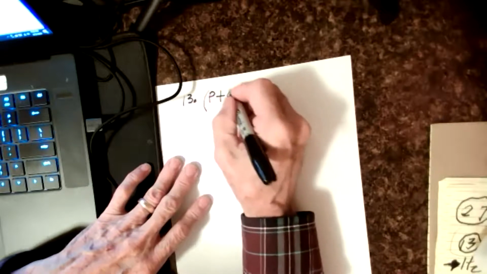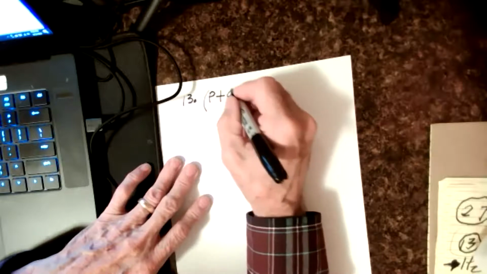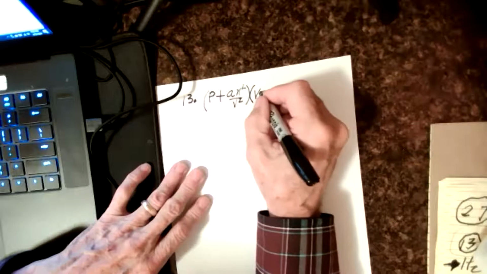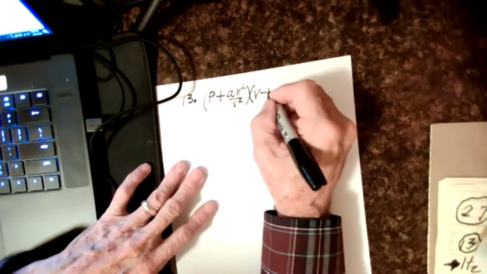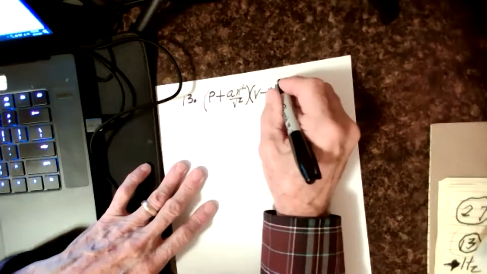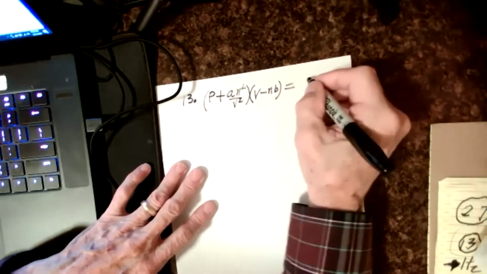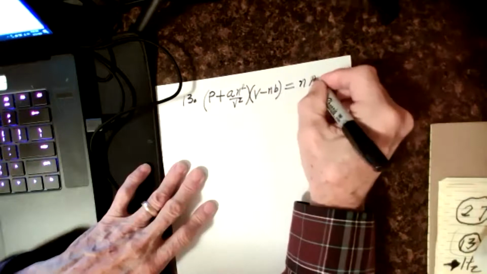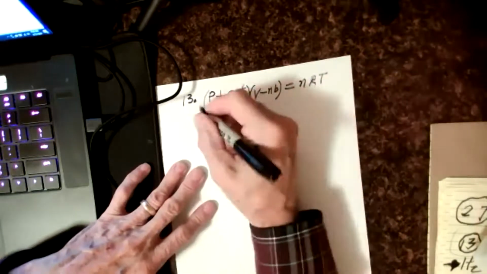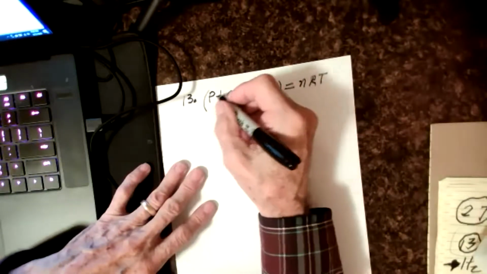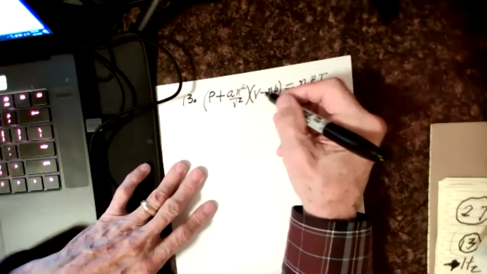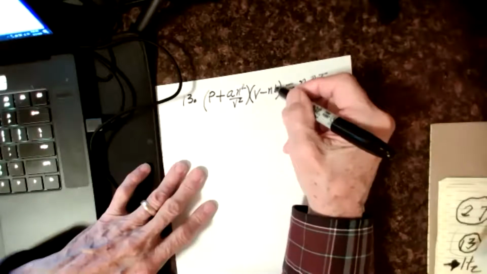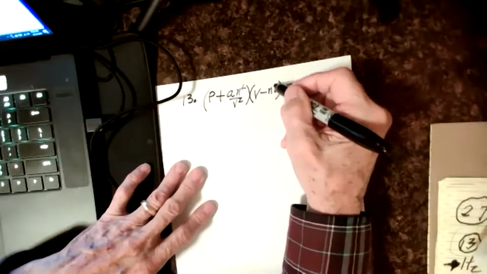We had to make a pressure correction, remember? And it was additive. We had to make a volume correction to subtract off the volume of molecules. That was N times B. And then we set that equal to the right-hand side, N RT. So the only thing we've changed is we've added this to the ideal gas pressure, and we've subtracted the volume of 1 mole of molecules. That's what B is.